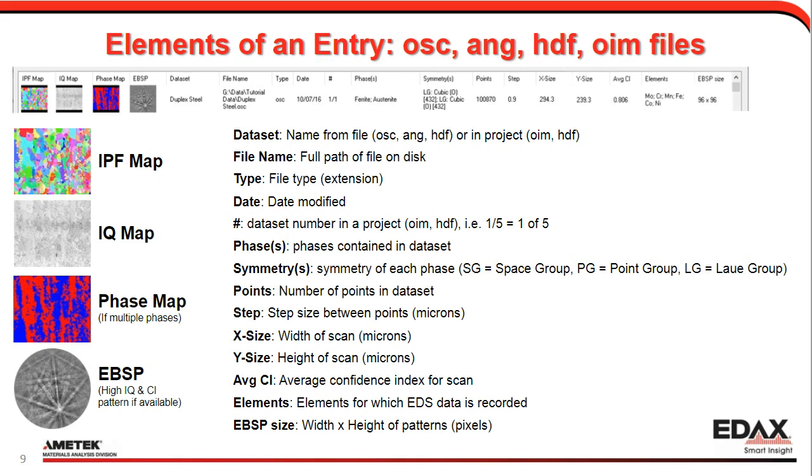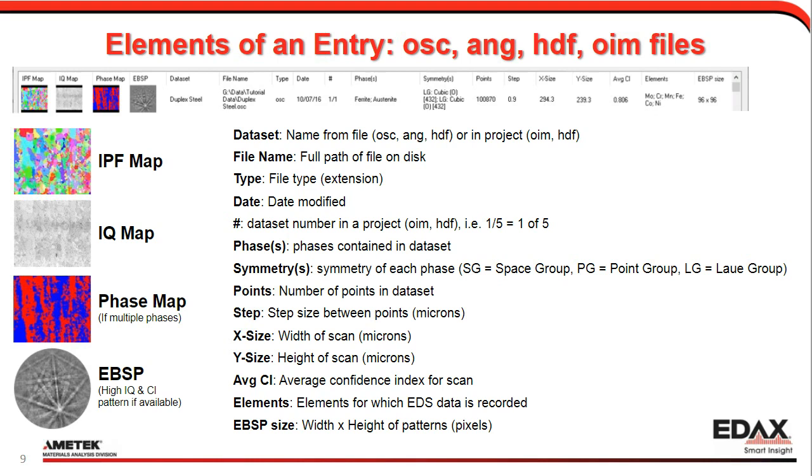The other columns besides the graphical ones are the data set, so it's a name from the file or the name of the data set in the project. It gives the file name, the full path of the file on the disk, the file type, date it was last modified. It will give the number of data sets in a project, if it's an OIM or even an HDF5 file type. It will have a list of all the phases contained in the data set.